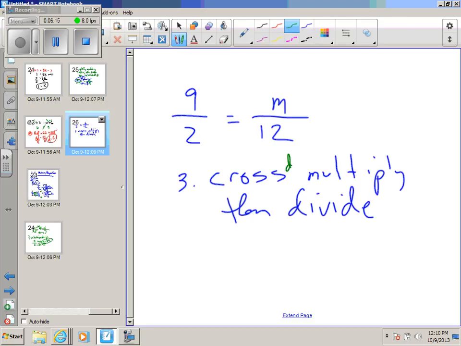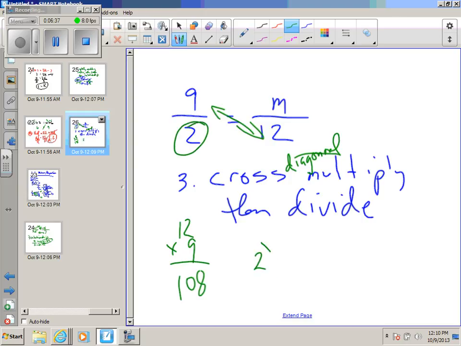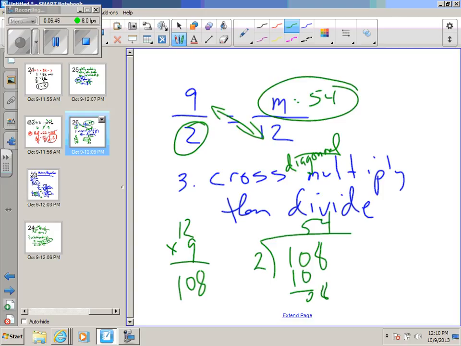Cross would actually mean diagonal. Is it 2 ends? I don't know. It's not spelling class. Anyway, I would say, all right, 9 times 12 would be 108. And then divide by the 2 would give us the 54 that we were looking for. That's always another option for us.